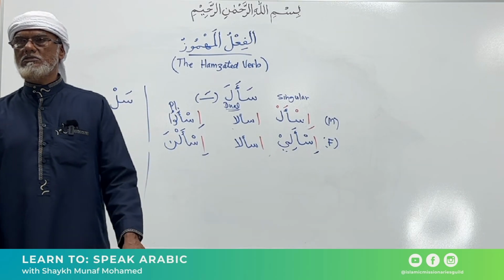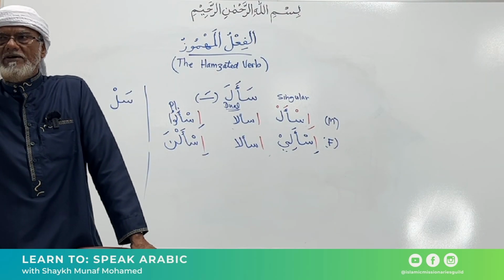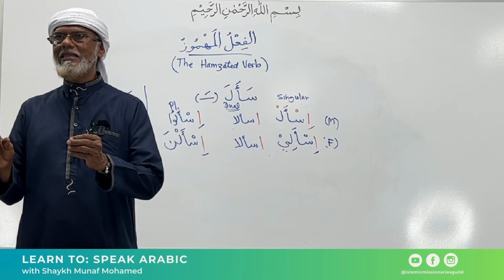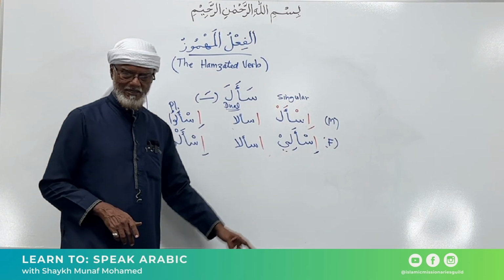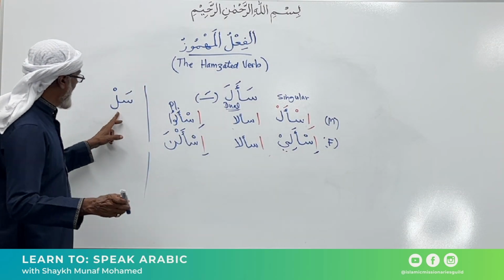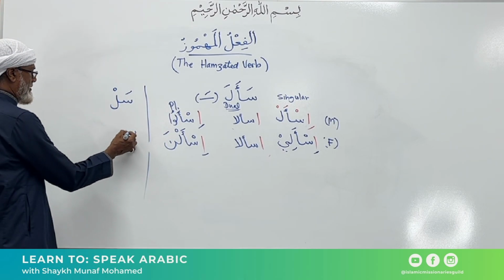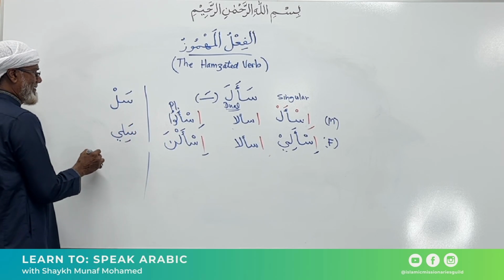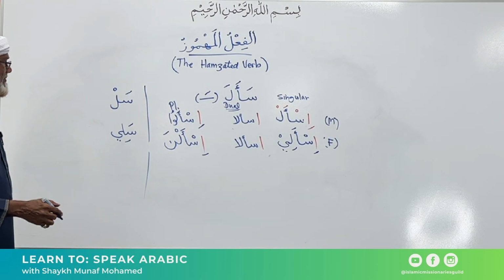Our Prophet sallallahu alaihi wasallam told his daughter Fatima, he said, "Ya Fatima, sali," right? Not isali, but he said, so you have sal, which is masculine, and the feminine will be what? Sali. Sali means you, female, ask.